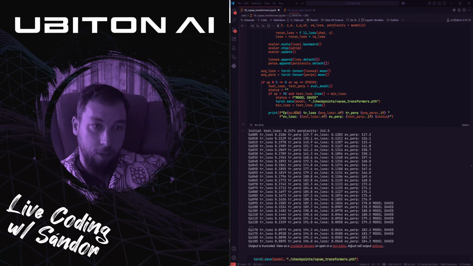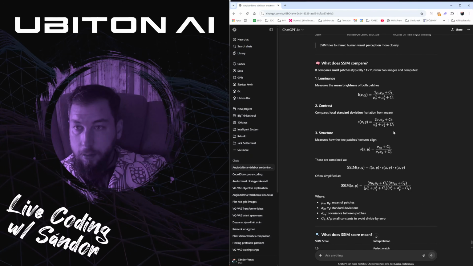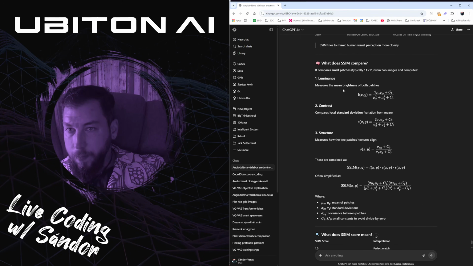So it compares luminance, contrast, and structure. This basically measures the mean brightness of both patches, 11 by 11 typically. So X is one image, Y is the other. The mean of patches plus some C1 constant to avoid divide by 0.